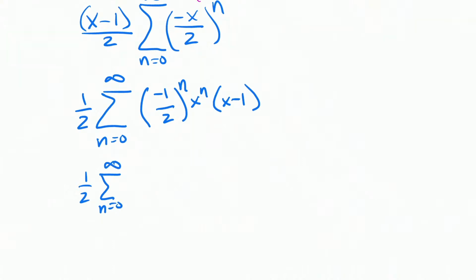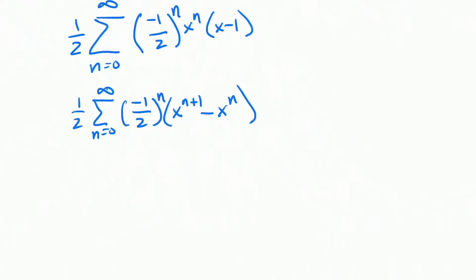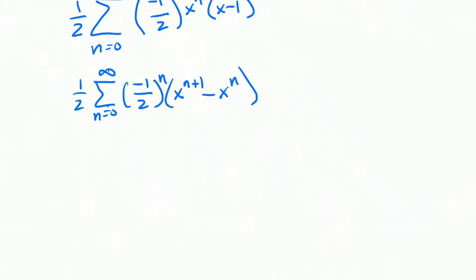So there's a little bit of algebra that needs to be done. That's all I'm sort of pointing out here, is we're going to have negative 1 over 2 to the n. This is going to be x to the n plus 1 minus x to the n. So this is going to feel a little bit familiar. Let's write out a few terms of this.